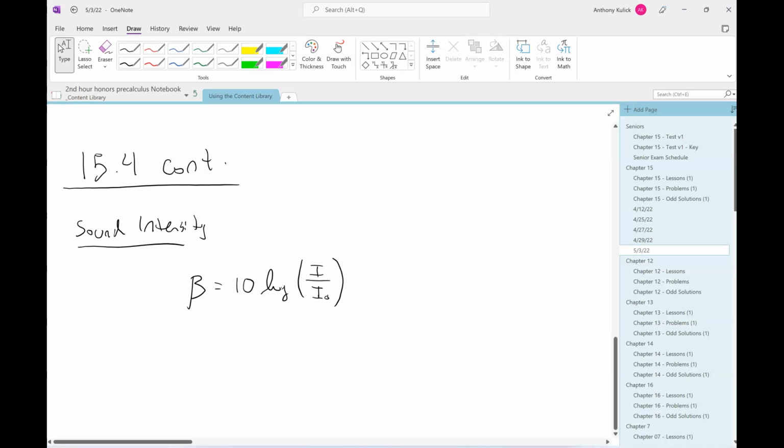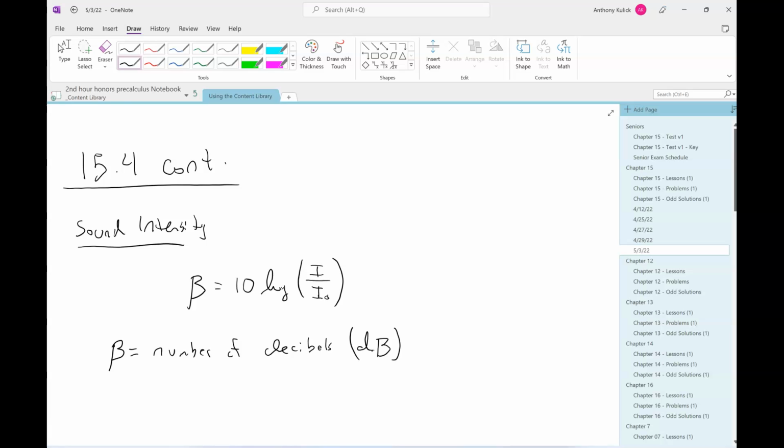Hertz. Nope. Decibels. Yeah. So beta is just going to be our number of decibels. And for the record, the abbreviation for decibel is dB, where the D is lowercase but the B is capital.